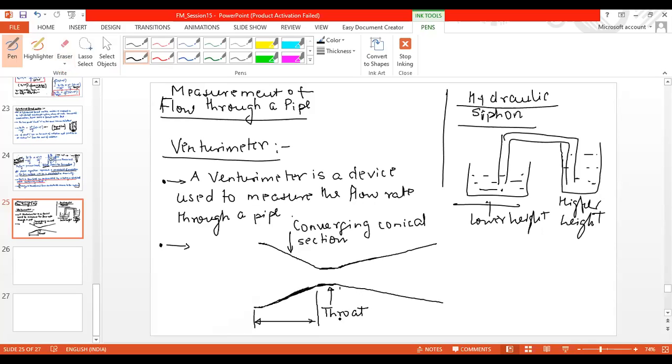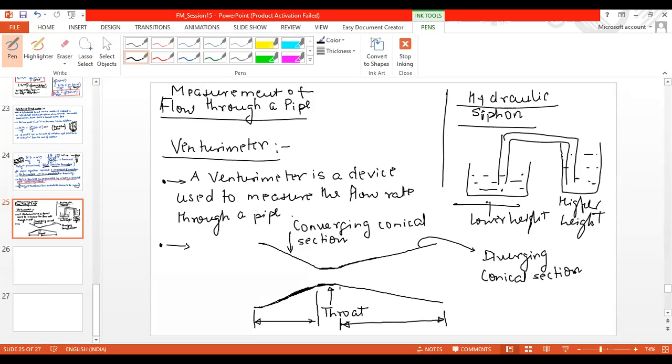So this is my throat. So, very important: this is the converging section, this is your diverging conical section, and then you have the throat.